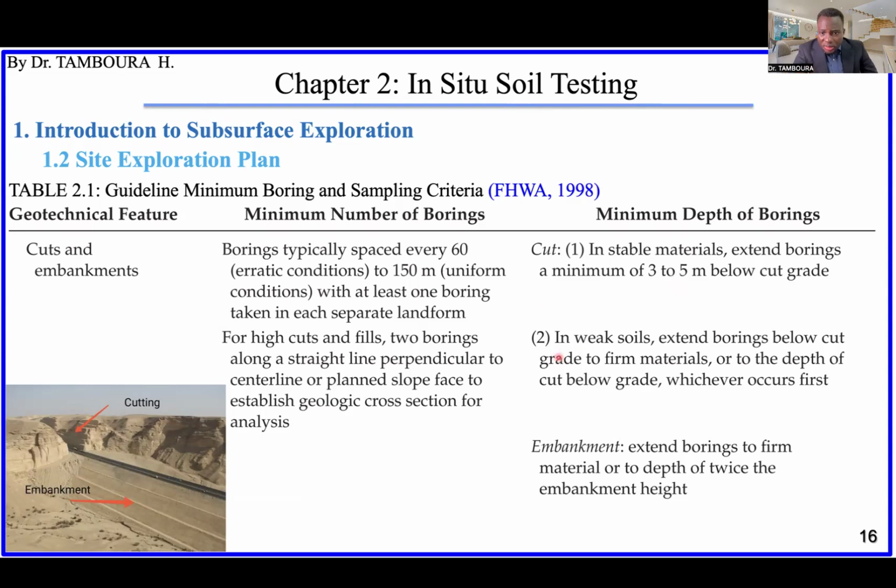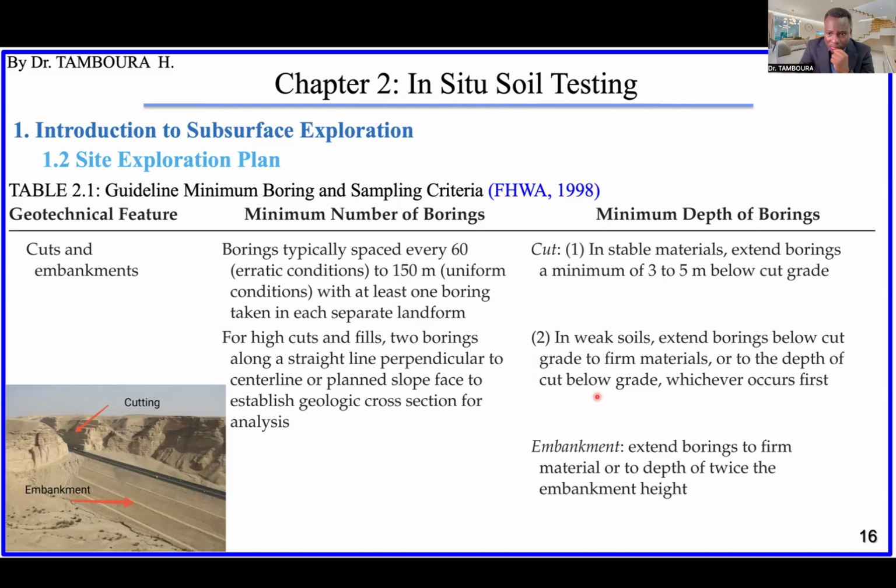Okay. In weak soil, same. We are still on cut. In weak soil, extend the borings below cut grade to firm material. If you have very weak soil at the surface, and you know that there is a very strong layer under this level, for example, then you have to go until you reach that very strong layer.